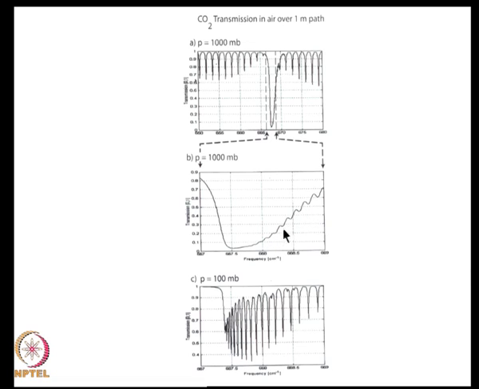resolved. So, if you now go to 100 millibar where the pressure broadening is much weaker, these lines are visible clearly. So, these lines are visible at low pressure, are not visible at high pressure, because the line width increases so much that it completely blocks out the space between the lines, and you get a fairly smooth function.